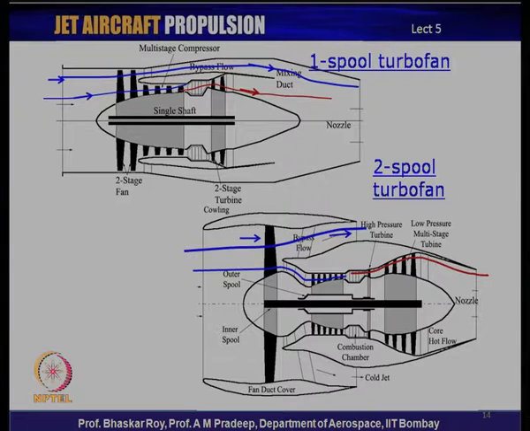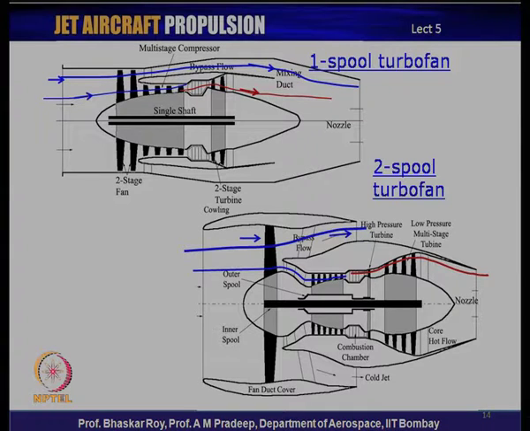Mind you, again the basic power produced by the low pressure multi-stage turbine is still by the inner flow only. So, the inner flow only participates in production of power, and that power is sent to the big fan, and the big fan then pressurizes the cold air and sends it out as a separate jet, and this separate jet produces cold thrust.